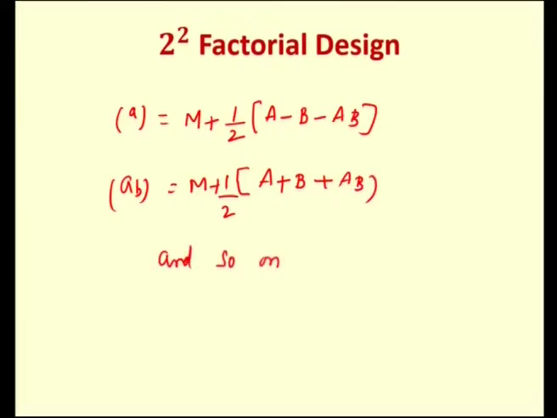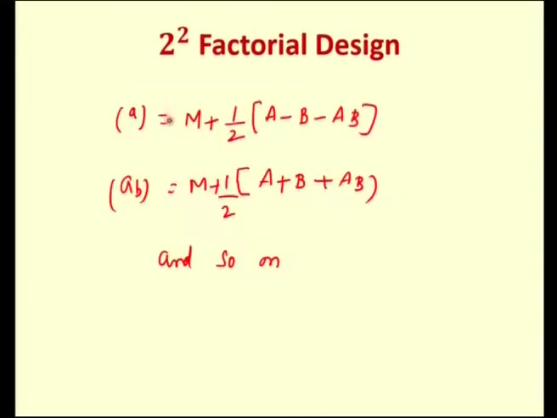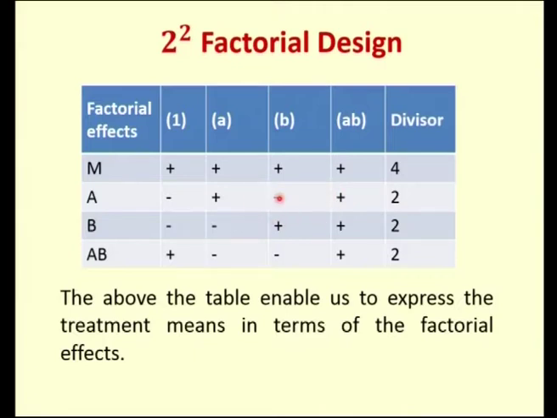So, here for a the divisor is 2, we have m plus 1/2 of A minus B minus AB. This is based on the negative and positive signs given in the table.